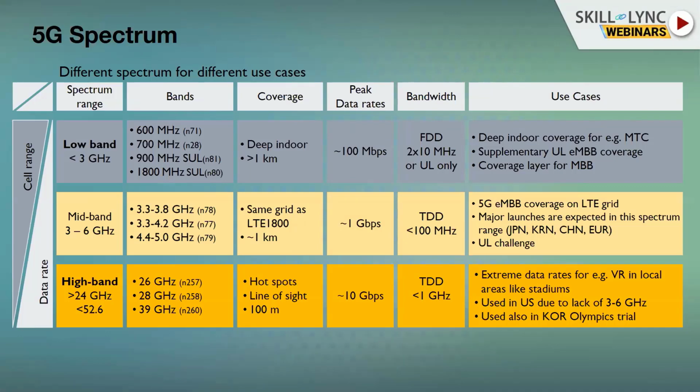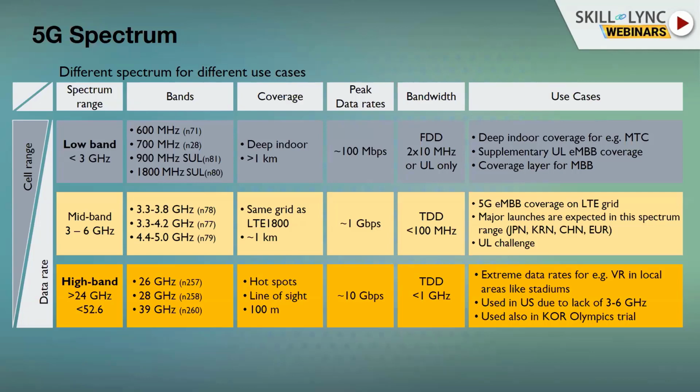As you know, we have the licensed spectrum and we have the unlicensed spectrum. So the wide range of spectrum operations are needed to provide the optimal combination of high capacity, high data rates, coverage and ultra high reliability.